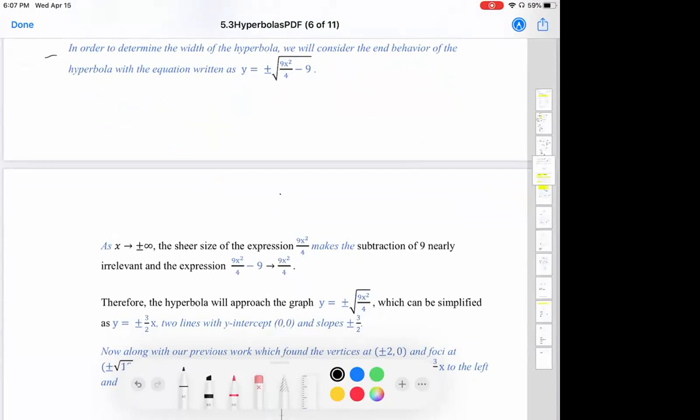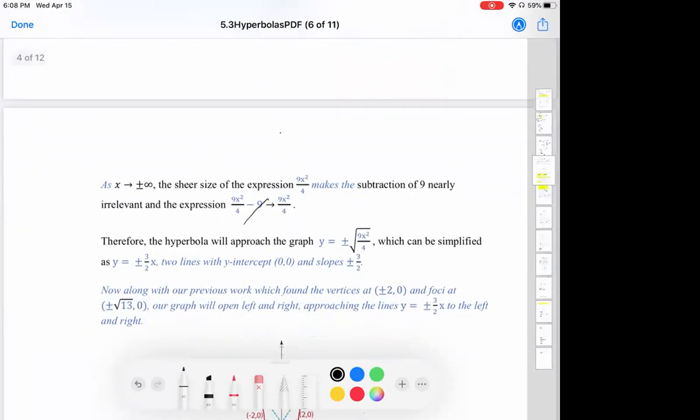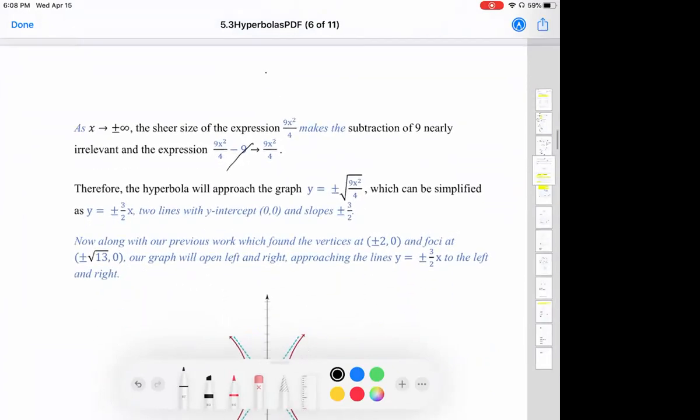So you disregard the constant, and the hyperbola will approach the graph of y equals plus or minus the square root of 9x squared over 4, which simplifies to y equals plus or minus 3 over 2 x. These are two lines with intercept 0, 0 and slopes of plus or minus 3 over 2.